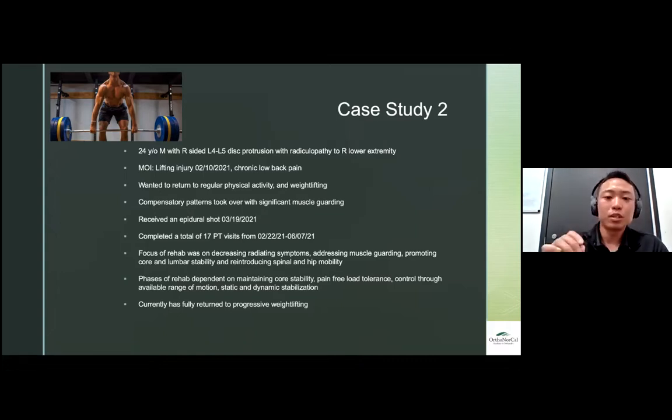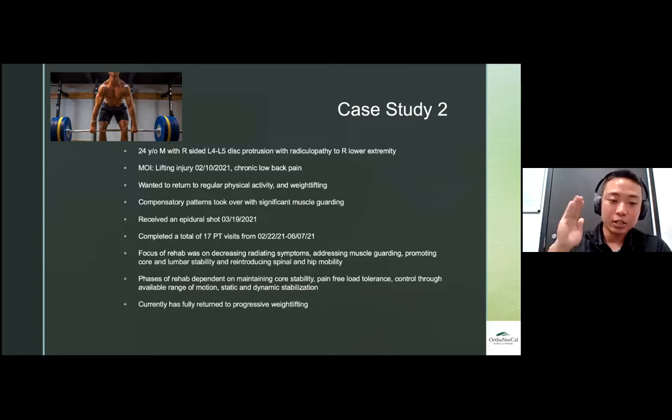Now, to discuss that, earlier we looked at the three subsystems. We looked at neural, structural, so active and passive. Now, he had an injury to a structural component, which is the disc, and that affected how much he can control his low back, caused him some discomfort and pain.